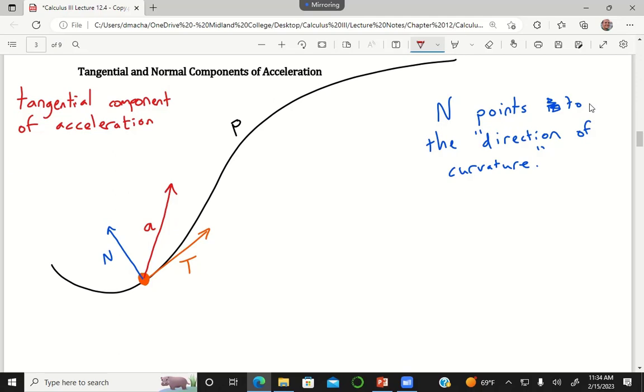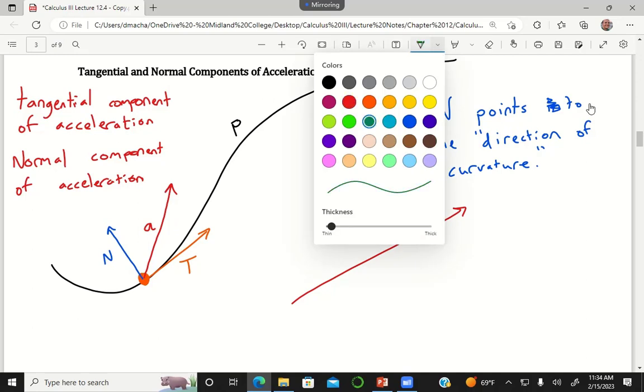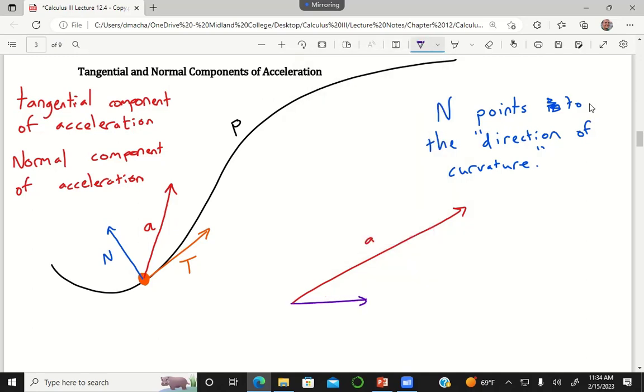And I can also ask you about the normal component of acceleration. So these are two different scalar quantities. And the way it works is this. If this is my acceleration vector, and this is my unit tangent vector, and this is my principal unit normal vector, these should be at a 90-degree angle if I draw them correctly, like this.